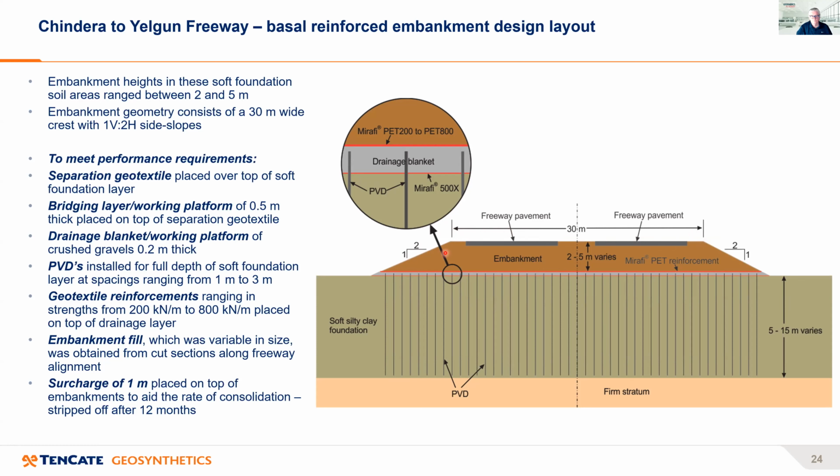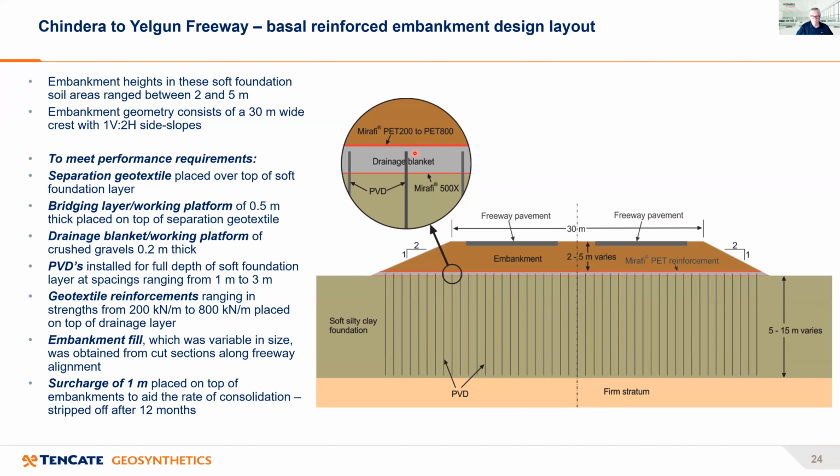Now, to meet the performance requirements of stability and consolidation, the way these were designed was a separation geotextile was placed on the soft foundation. Then there was a 0.5 meter bridging layer placed of pretty low quality fill. And then on top of that, a 200 millimeter thick drainage blanket was placed of crushed gravel.